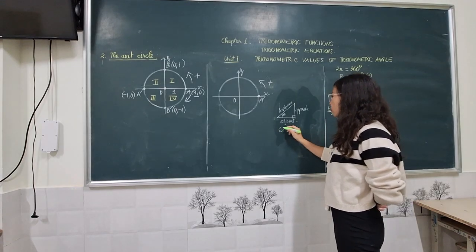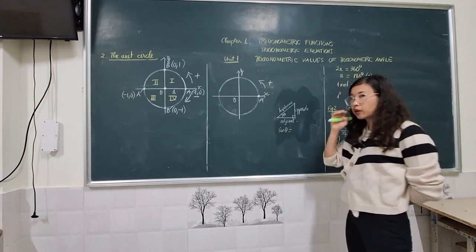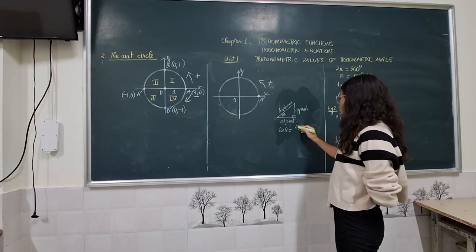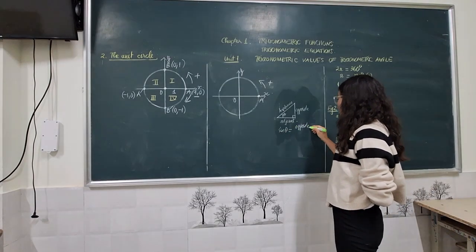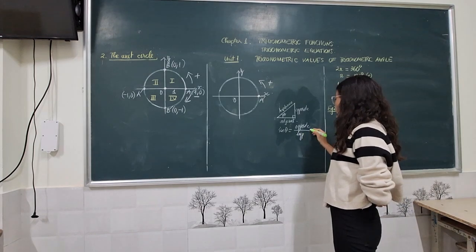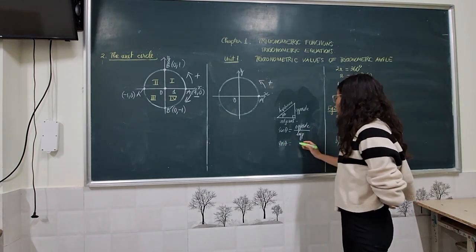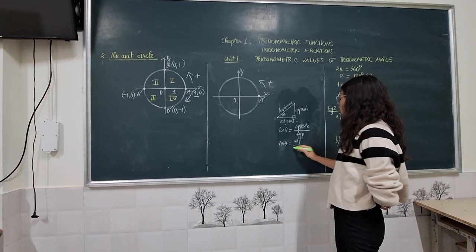So remember, sine theta equals the opposite over the hypotenuse, and cosine theta equals the adjacent over the hypotenuse.